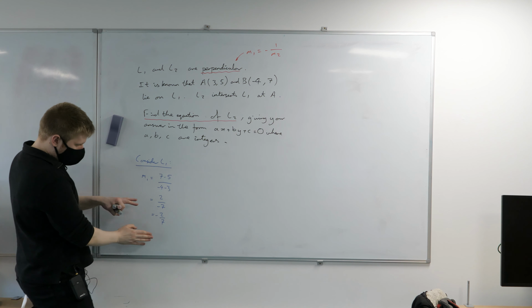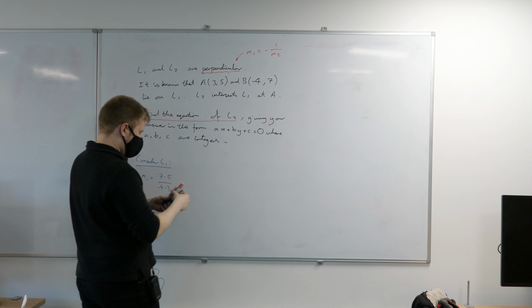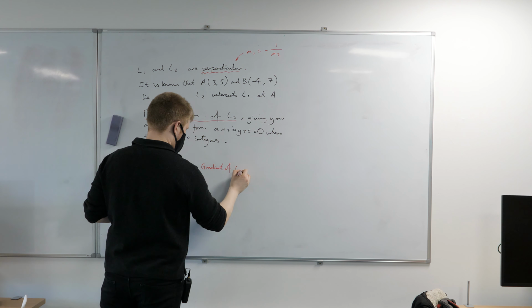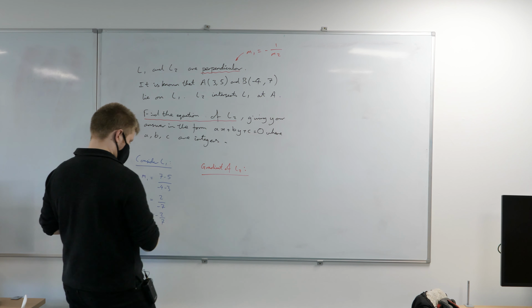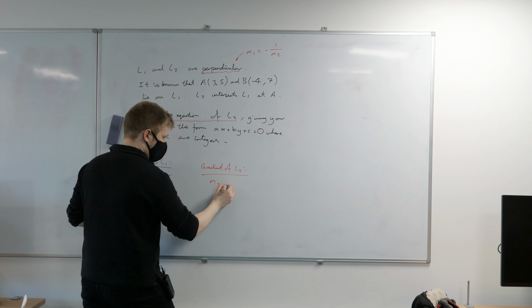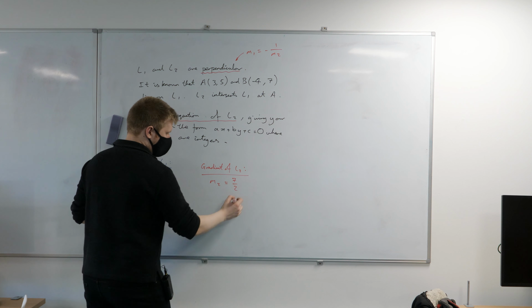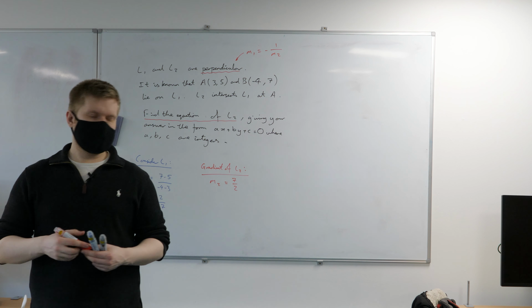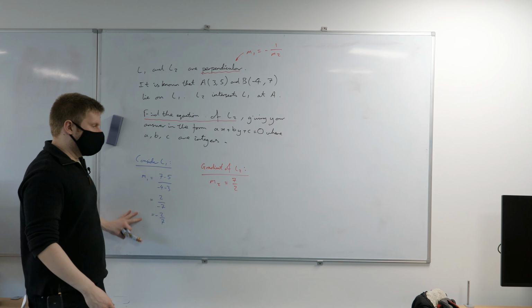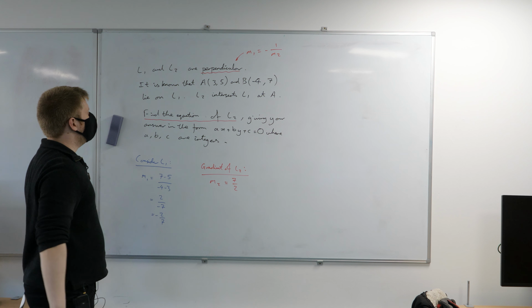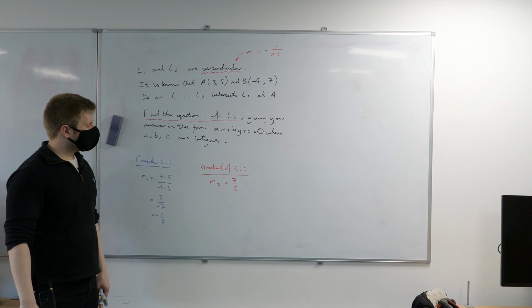So because we know the gradient of line 1, the gradient of line 2 is just going to be the negative reciprocal of that. So negative becomes positive, flip it upside down, it's just going to be 7 over 2, okay? So that's all we needed from line 1, really, just its gradient, not the equation.